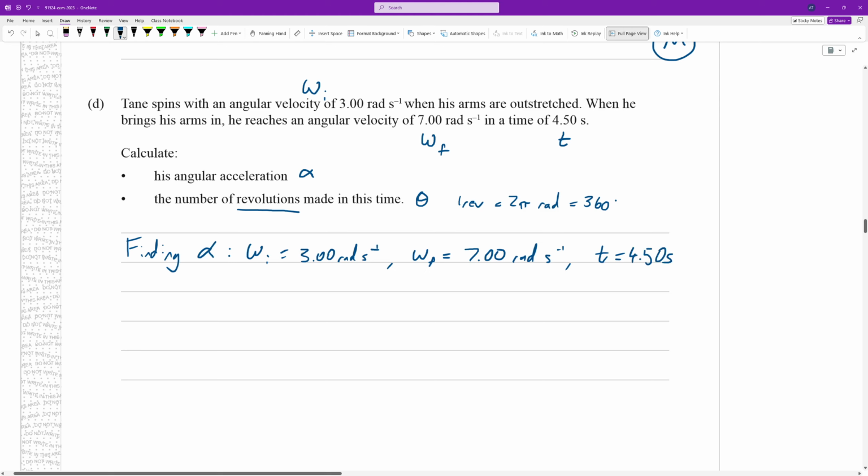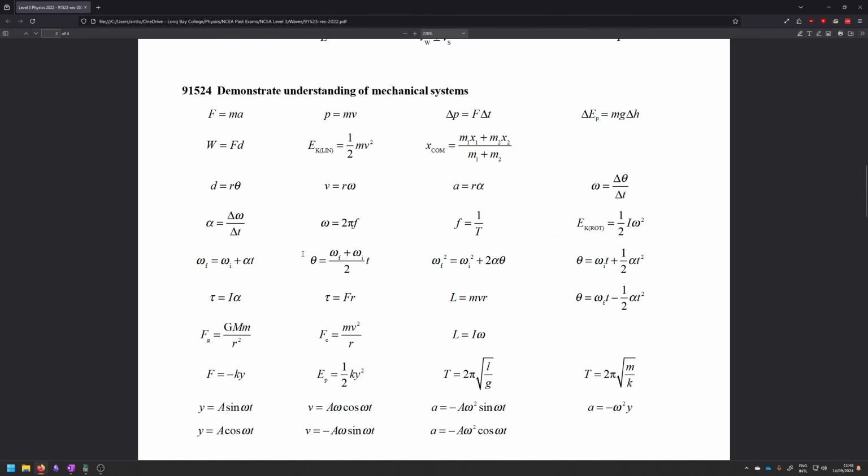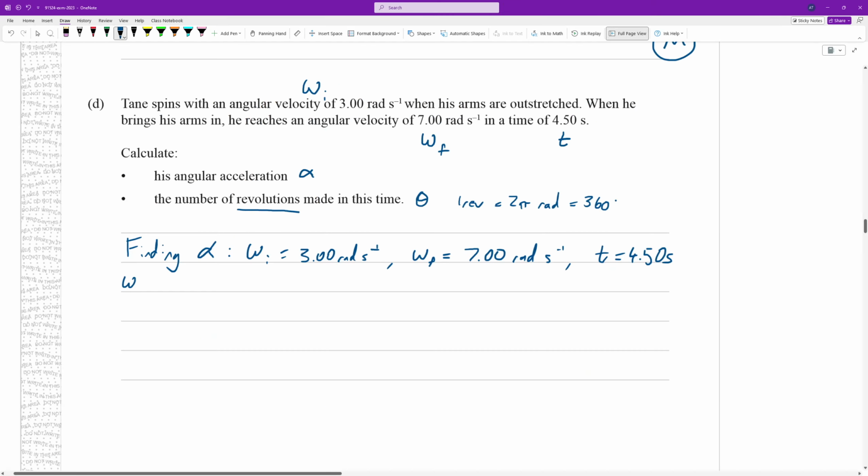So we know 3 parameters, which means we can solve for either of the other 2. So looking at our formula sheet, we are looking for alpha. Right, so looking at the first equation, we know final, we know initial, we're looking for alpha, we have t. So let's use that one. It's got everything we know and need to find.